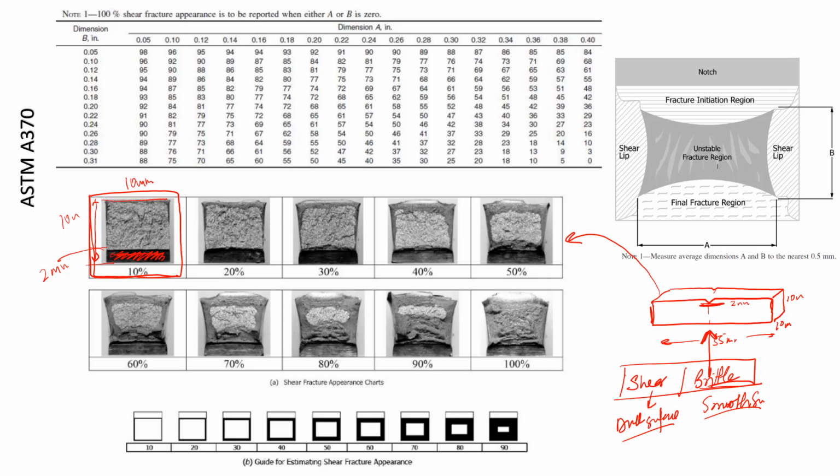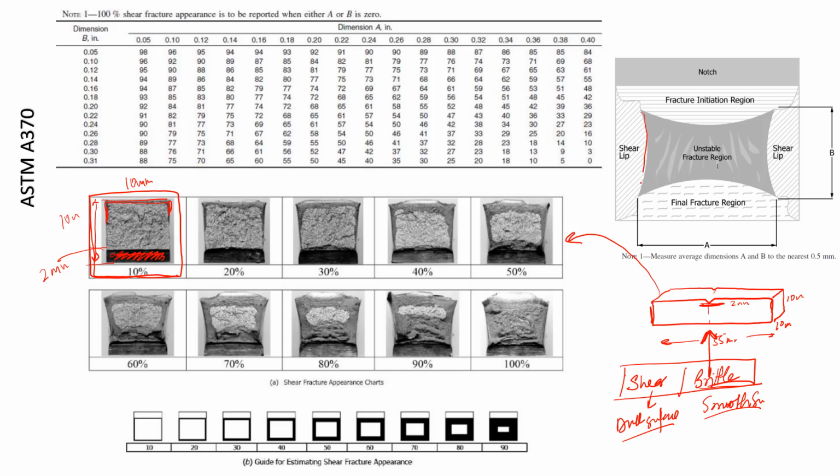Now we can see that in the middle portion the surface is quite smooth, right? There is no dull surface. The dull surface is only at the periphery, right? So that's what we measure through this method.